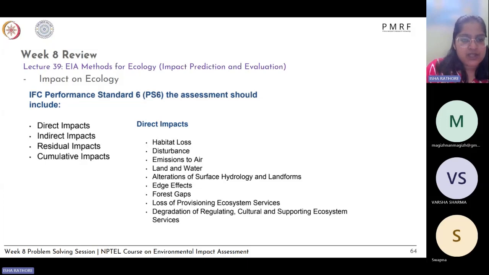All these four kinds of impacts. So direct impacts are like your habitat loss, disturbance, emissions to air, land, and water, alterations of surface hydrology and landforms, edge effects, forest gaps, loss of provisioning ecosystem services, degradation of regulating, cultural and supporting ecosystem services. So these are your direct impacts.